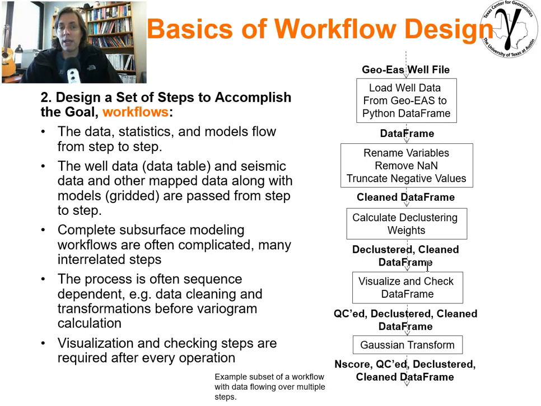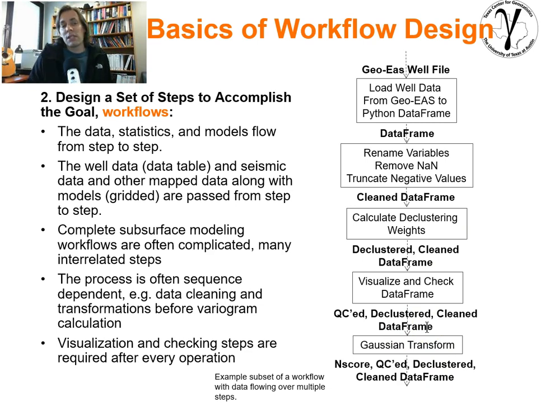Want to visualize and check this now. Look at location plots, make sure it all makes sense. Look at location plots of the declustering weights, make sure that they're fine. Check the locations at which we have treated missing values, make sure they're consistent. There's so much we can check. So now we have a QC'd, declustered, clean data frame to work with.